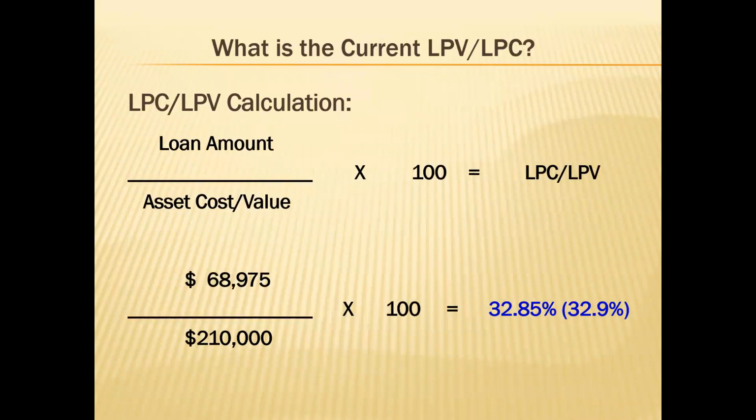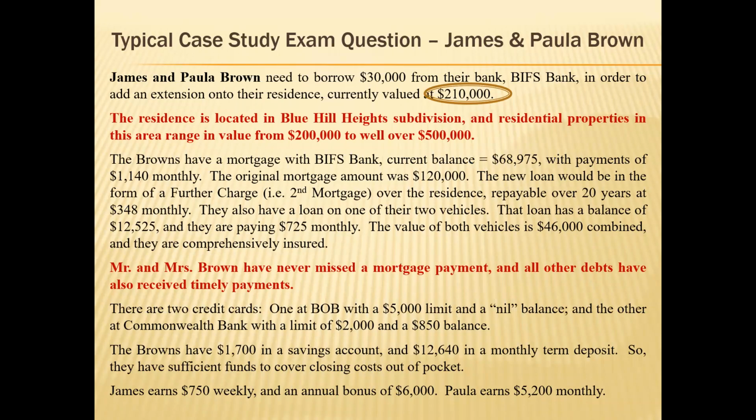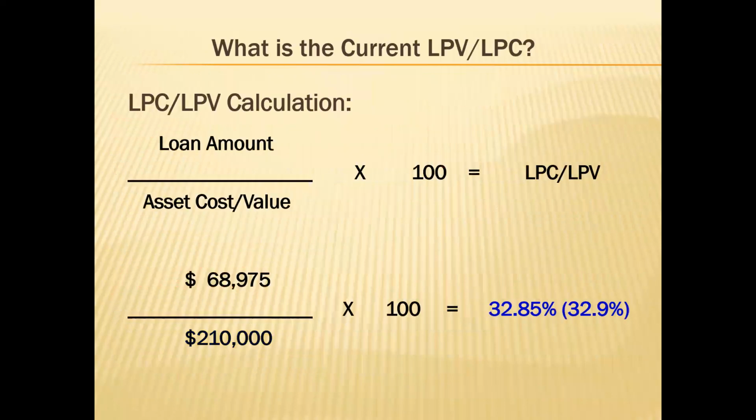Well, if we look at the equity, I don't have equity here, but we would simply subtract the 68 or 69,000 roughly from 210, and that'll give us the equity. The equity is high. They still have a large stake in it after the loan is taken out.